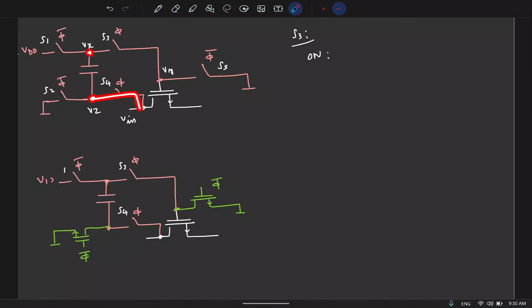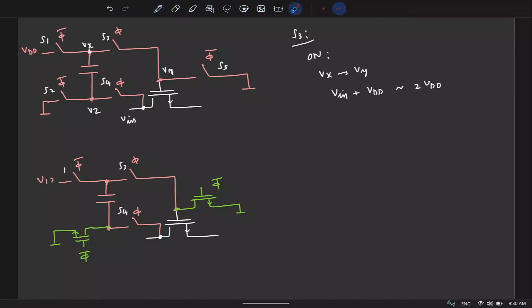So what will be this voltage? Vin plus VDD, because the capacitor is charged to VDD. Vx will be Vin plus VDD, right? So when the switch is on, these nodes will be at Vin plus VDD, which can be around 2 VDD, because Vin can go close to VDD.